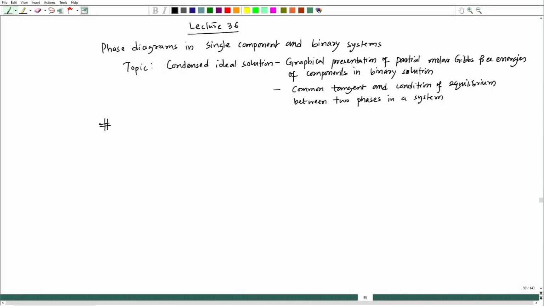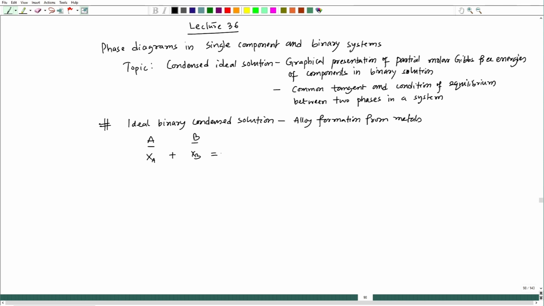So, let us take the condition of ideal binary condensed solution, and here we are talking about alloy formation from metals, and we have taken A and B metals, and the mole fraction is XA and XB.